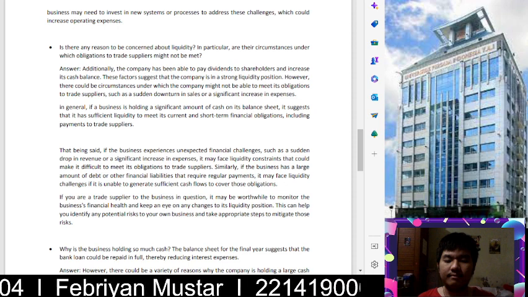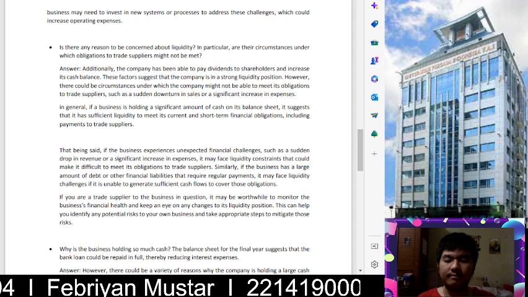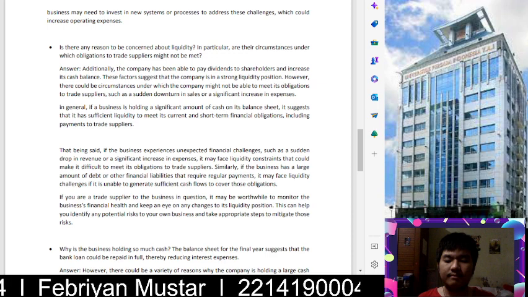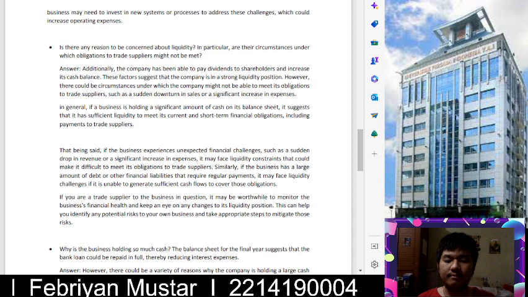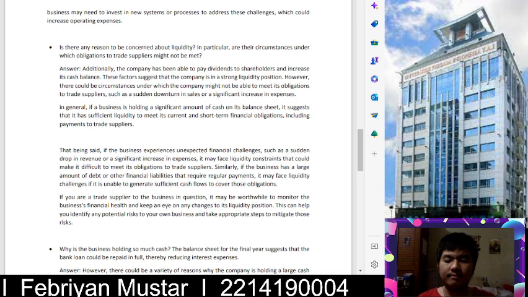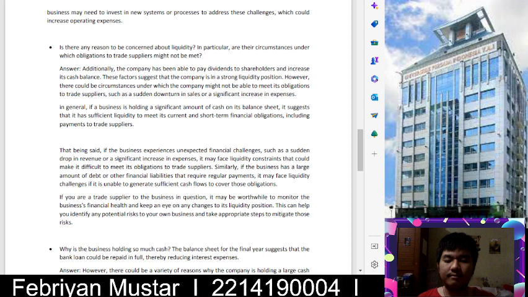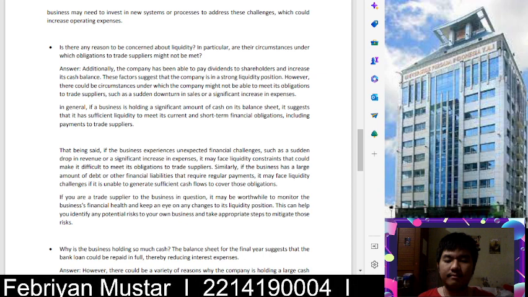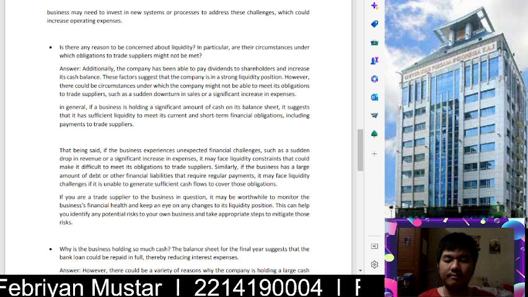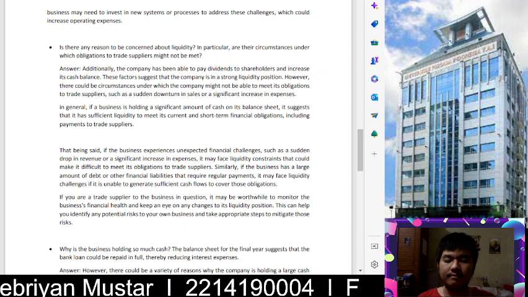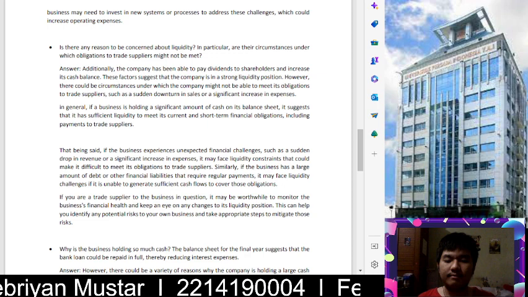The answer: the company has been able to pay dividends to shareholders and increase its cash balance, and this factor suggests that the company is in a strong liquidity position.